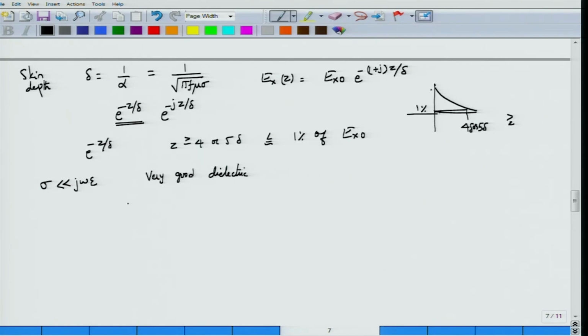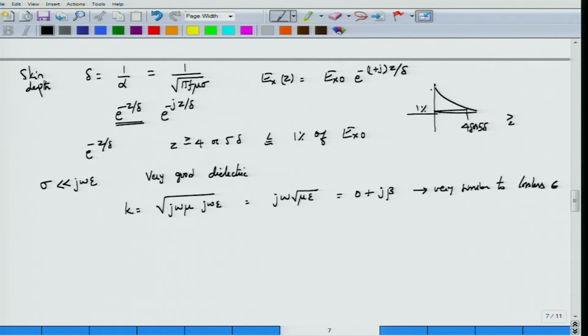So what will happen to k? k will be square root of j omega mu times j omega epsilon, which will give you j omega square root mu epsilon, right. This would be equal to no attenuation and full phase constant. Okay. This is exactly similar to that of the lossless case.